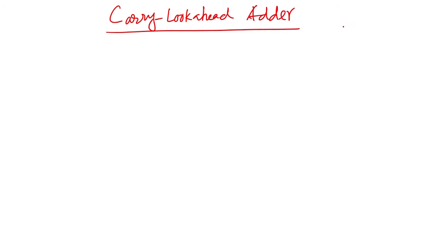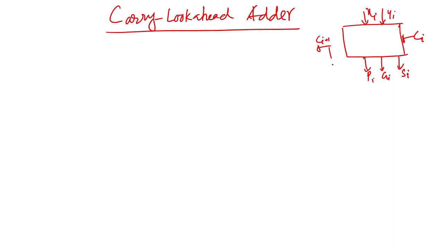And then the basic cell: we have identified Xi, Yi, we had Pi, Gi and then Si, and then obviously we have the input Ci, and obviously we should have the output Ci plus 1 using some circuit here. That is first AND and then OR.